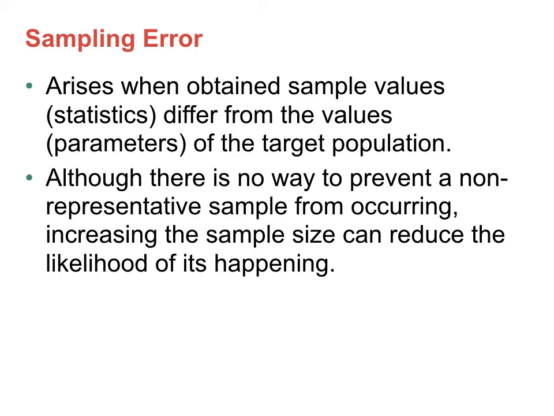So sampling error arises when obtained sample values differ from the values of the target population. An example of this: say I designed a study to understand the knowledge, attitudes, and beliefs of New Yorkers on the MTA, using the train or the buses, just their views on how efficient it is and whether or not they think it's great.